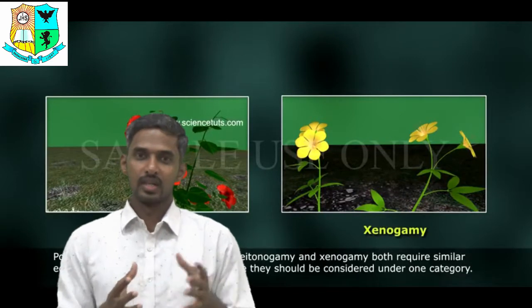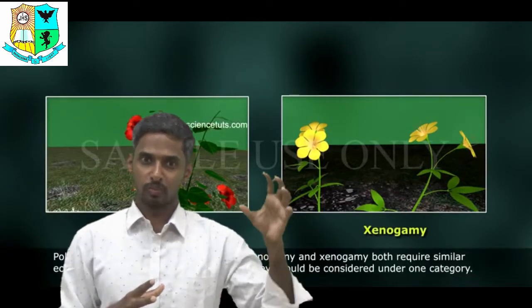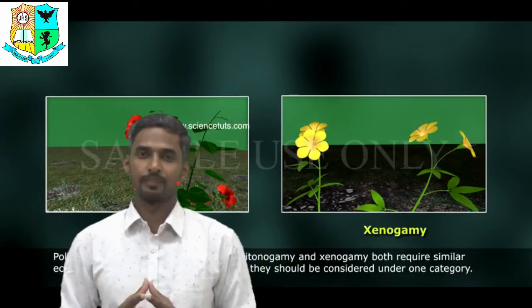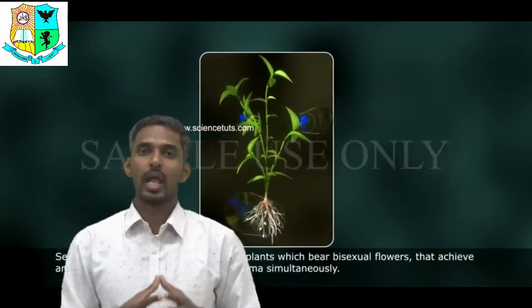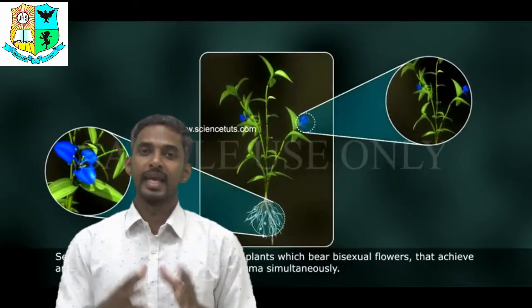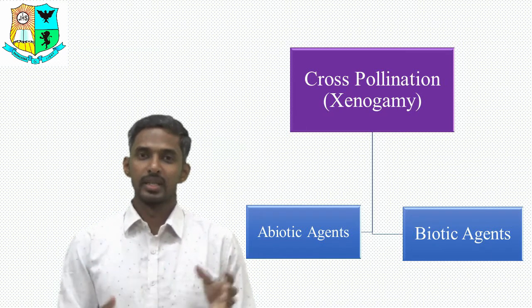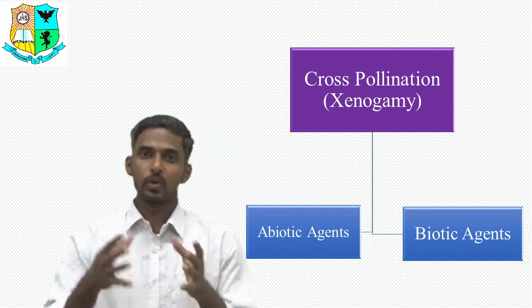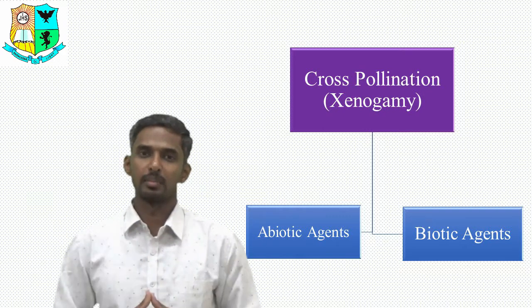Now since the pollen is traveling a long distance from its origin to its destination, it requires some help, and those who help in this process are called agents of pollination. The agents are the ones who carry out the transfer of pollen grain onto the stigma.